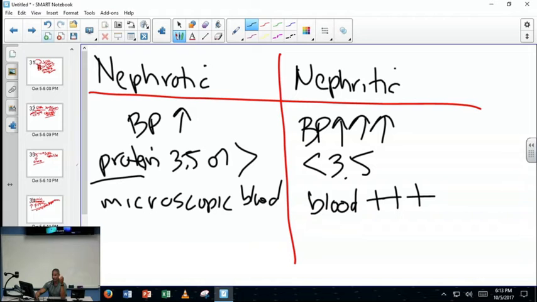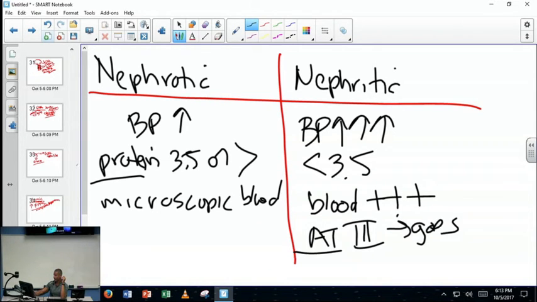So if you're losing all these nice proteins that help to calm down the clotting cascade, and specifically antithrombin 3 is excreted, that's the right term.